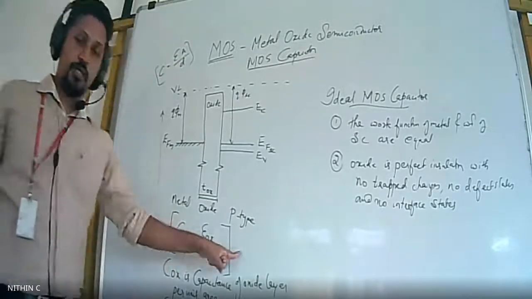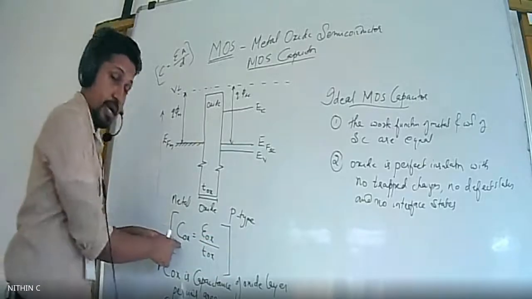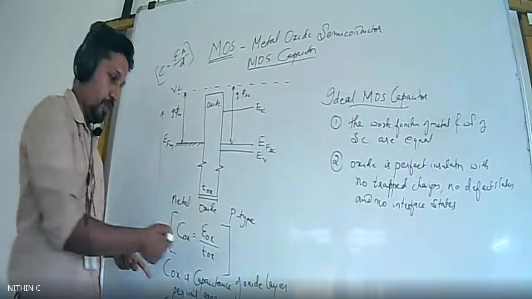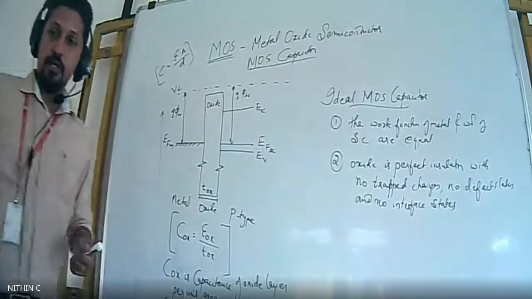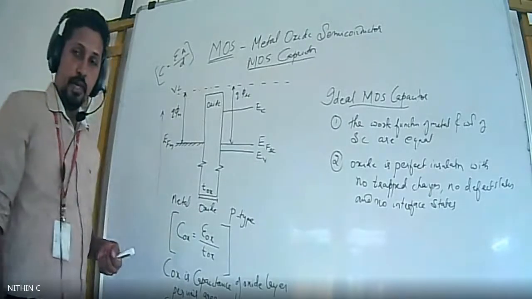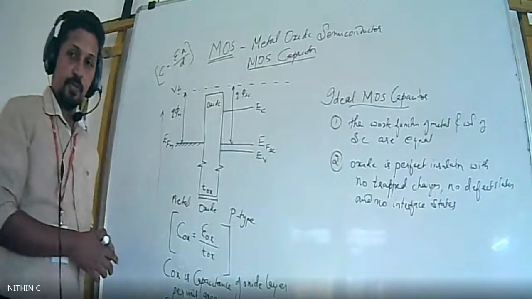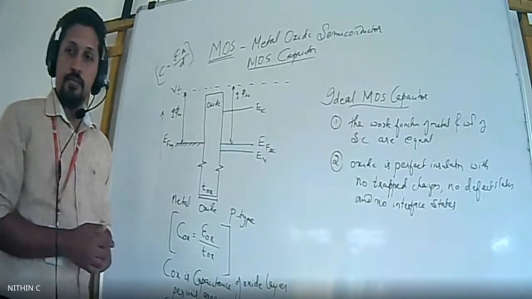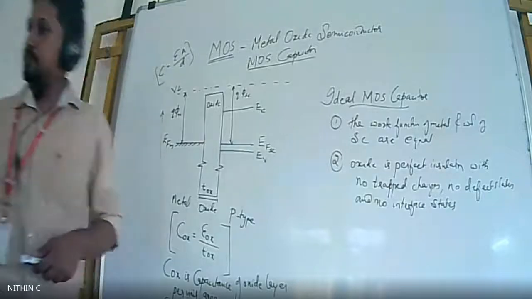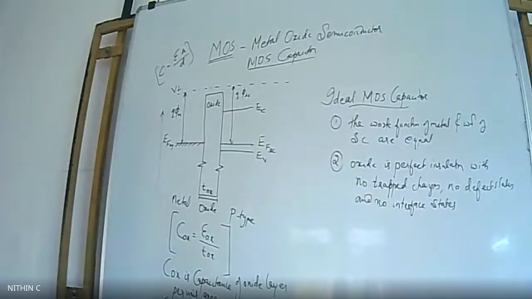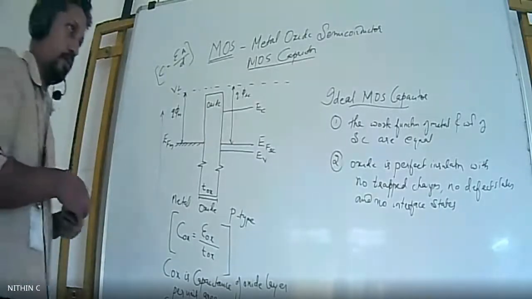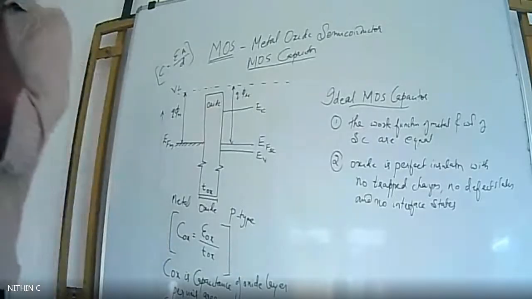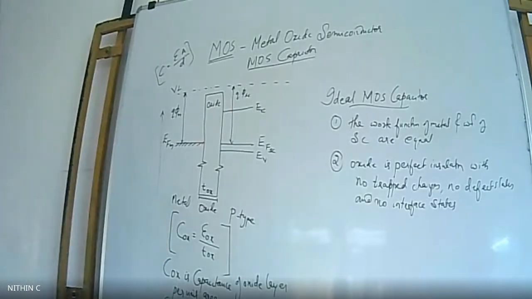So what will be the unit? Since COX is capacitance per unit area, what will be the unit? What is the unit of capacitance?